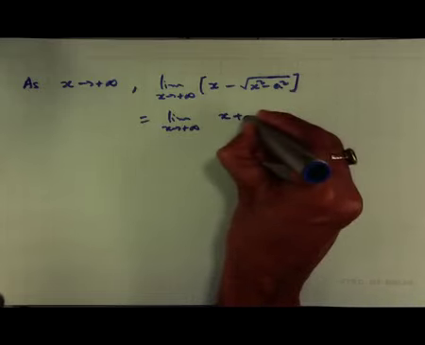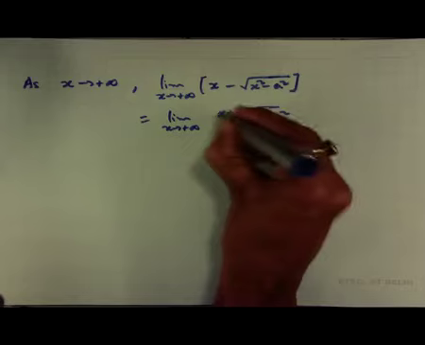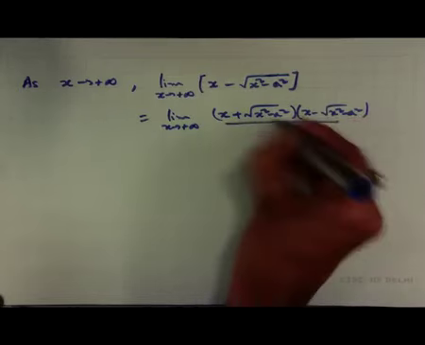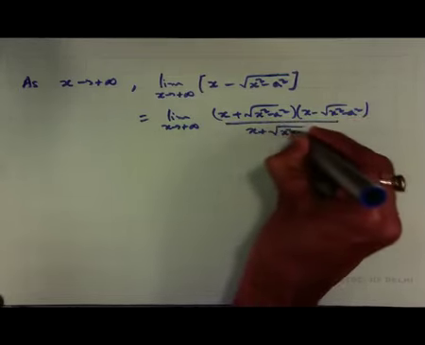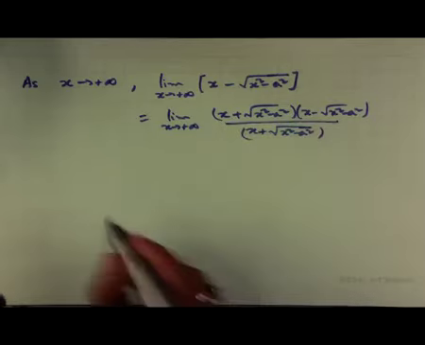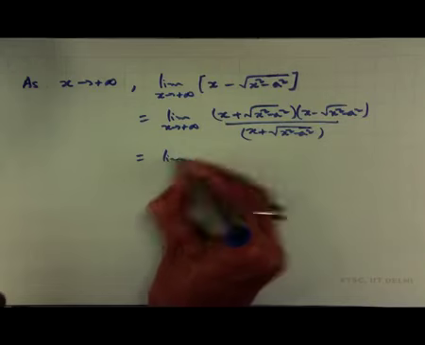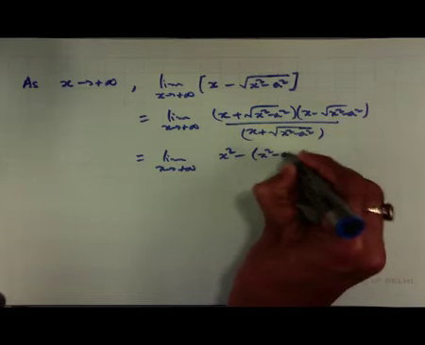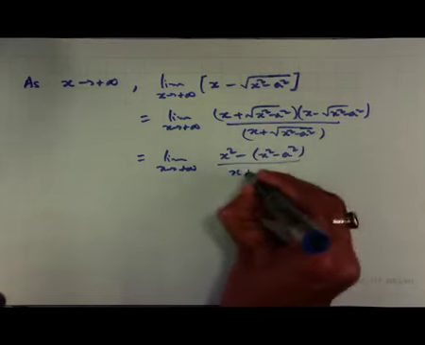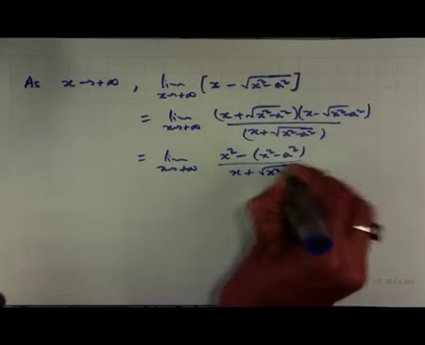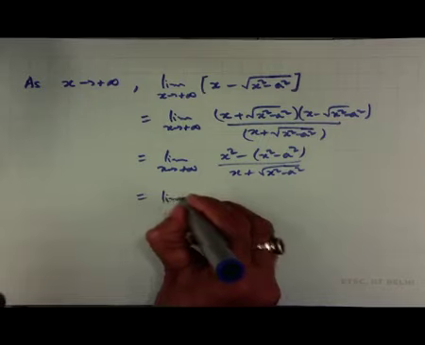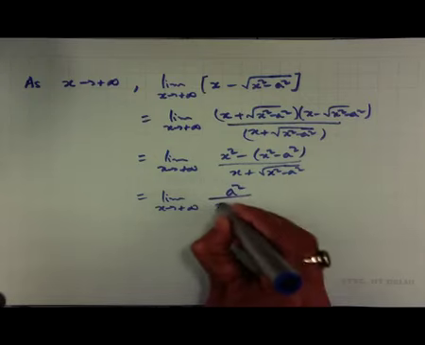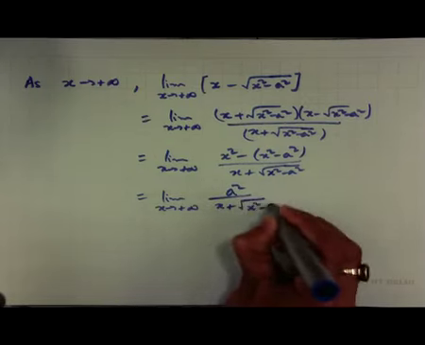So, x plus square root of x square minus a square times x minus square root of x square minus a square divided by x plus square root of x square minus a square, and then the numerator is x square minus x square minus a square, which is equal to limit x tends to infinity of a square divided by x plus square root x square minus a square.